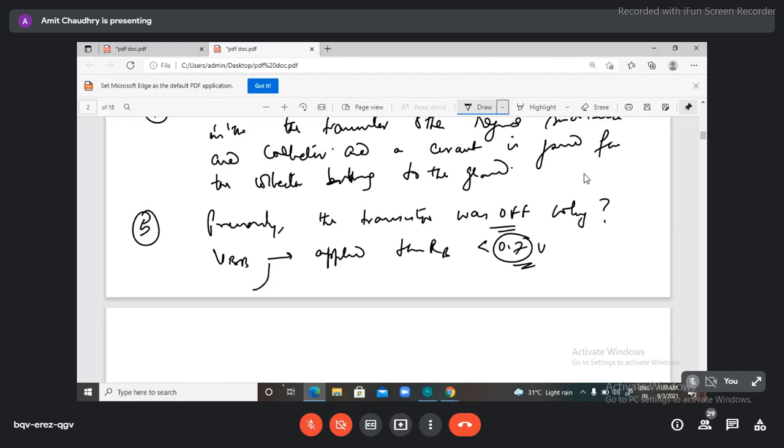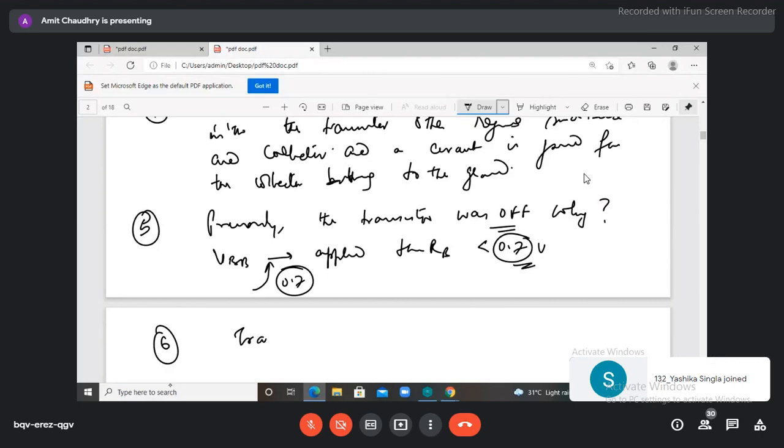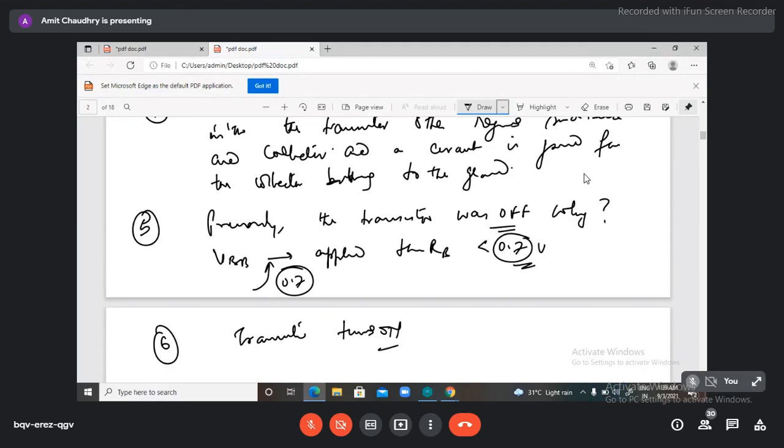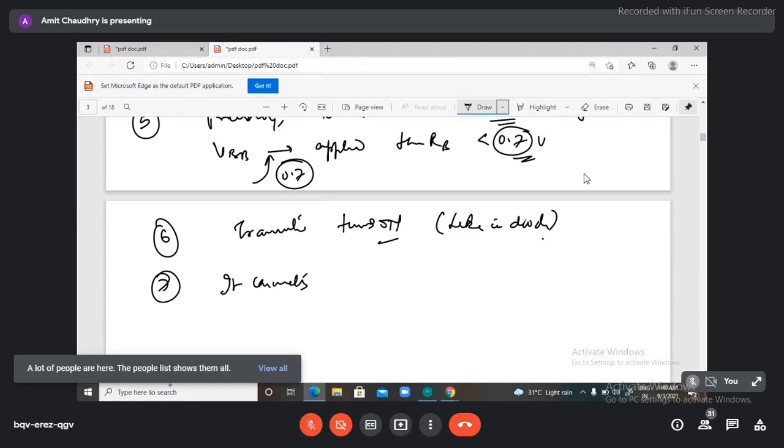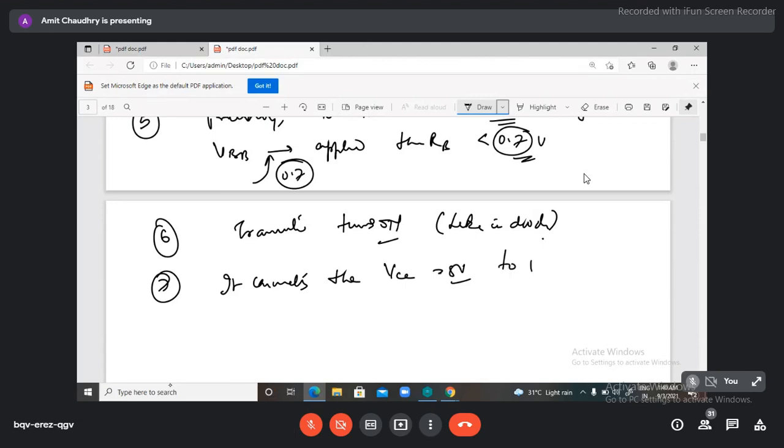So as it increases beyond 0.7 volts, the transistor turns on, like in a diode. Now as the transistor turns on, it connects the VCC battery, that's equal to a 5-volt battery, to the ground. Now as the battery is connected, what will happen? Current will flow.